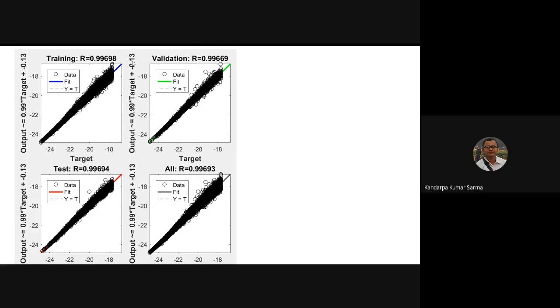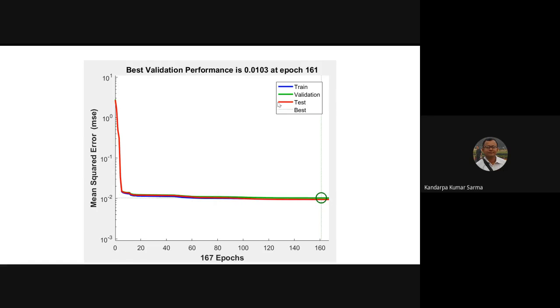So with different regression counts, the regression plots will show us changes. Then the mean square error convergence plot depending upon the training cycles can be seen like this, how it converges to reach the performance goal.